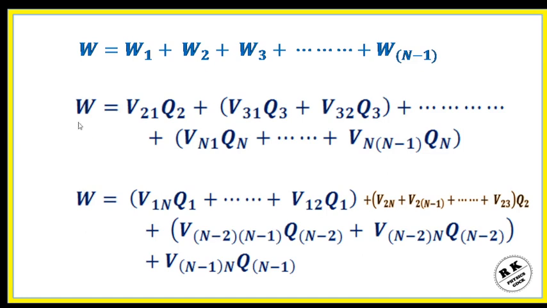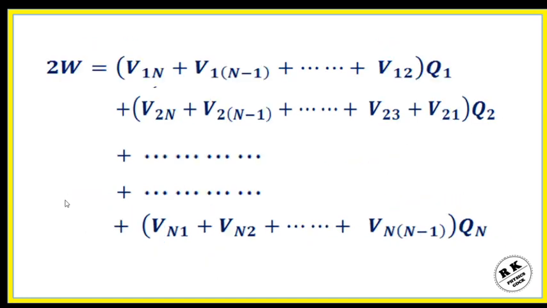If we add on the left side, it will become 2W. 2W is equal to the total work done in the two cases. If we observe carefully, we have written all the Q1 terms at one place. In each of the charges Q1, Q2, Qn and so on, the potential terms V1n, V1 n minus 1 and so on, V12.